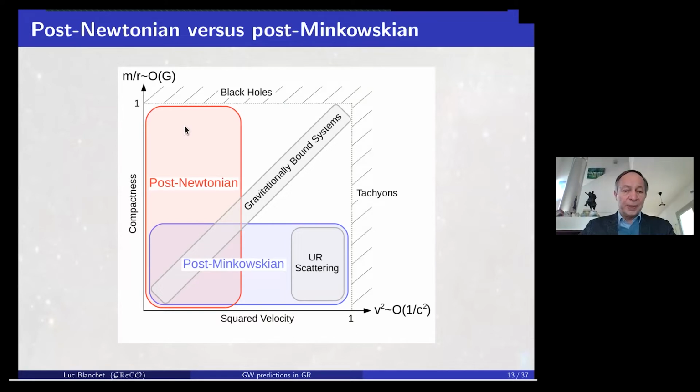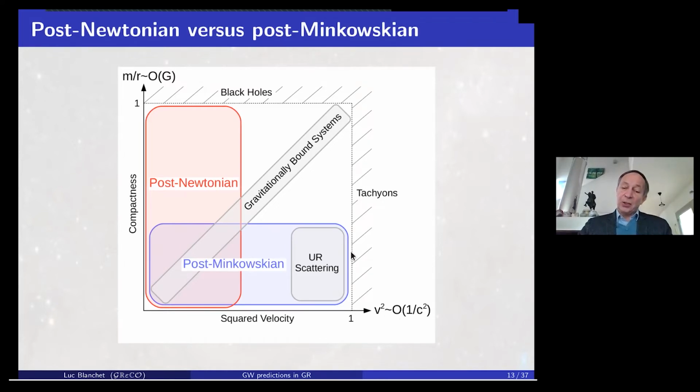If you plot them in this diagram, where we have the compactness parameter of the system, that is the ratio between the mass and the distance between the two bodies, versus the smallness parameter, that is your ordinary v over c, the small parameter of the post-Newtonian approximation, the two approximations overlap when your system is gravitationally bound, for which the two small parameters are related to each other using the virial theorem.